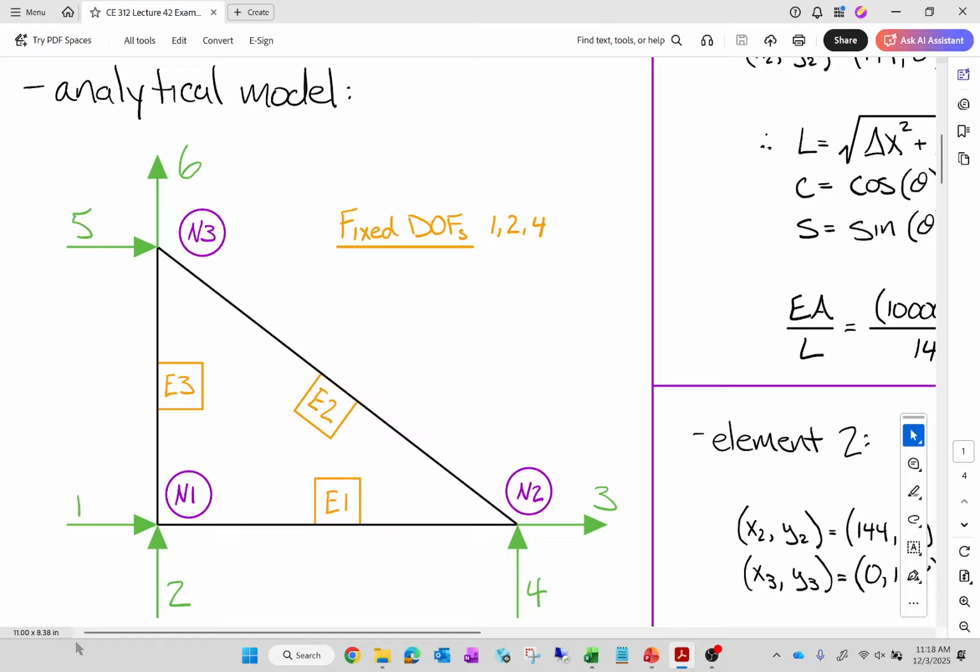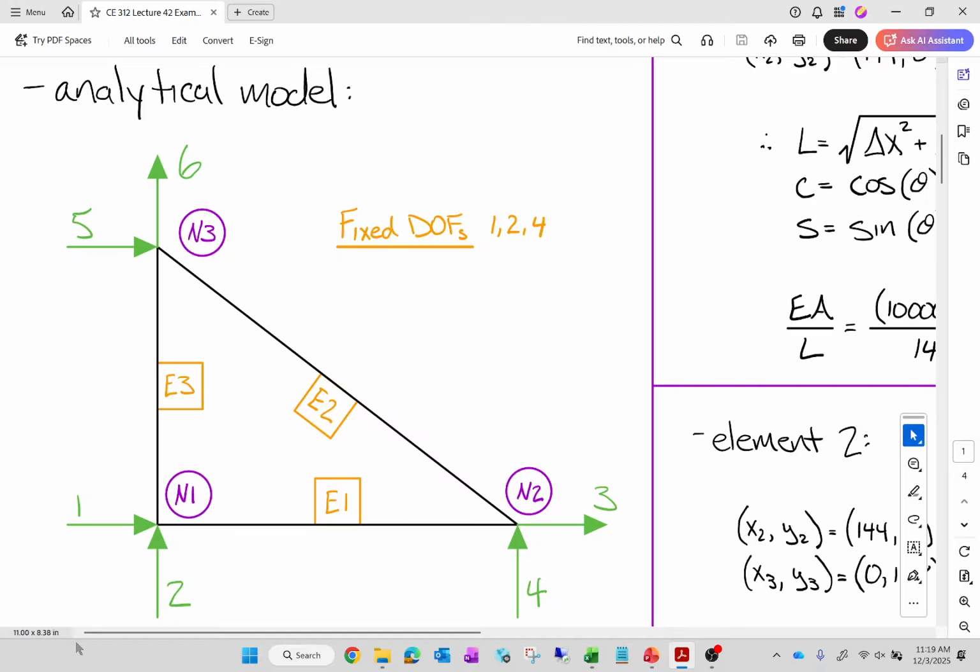Okay. So let's be clear. The reason I'm doing all this math is because right now I'm trying to get two matrices: my T matrix and my K prime. How do I get my T matrix? I need sines and cosines. Done. My K prime matrix, I need EA over L. I have L, so what is EA over L? What's E and A?